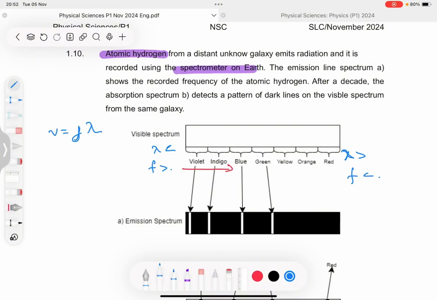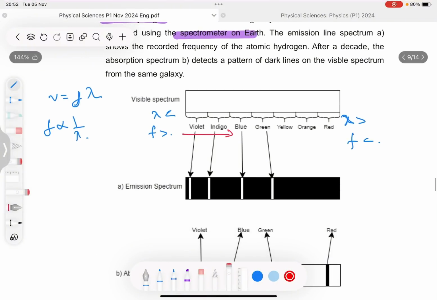This is a formula for a wave, or light or sound, because those are waves. And we can see from this formula that the frequency is inversely proportional to the wavelength. That's why when we have a shorter wavelength here, we have a high frequency, right? And here we have a longer wavelength, then we have a lower frequency because they're inversely proportional. So the colors, as we go towards this direction, increase in wavelength and decrease in frequency. Now, using that information, let's look at the emission spectrum.